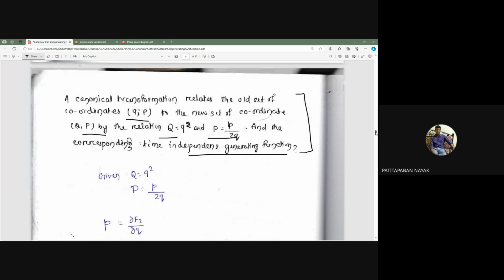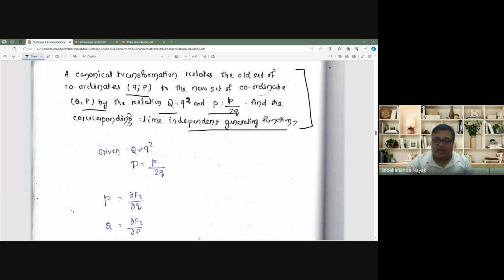So we solve it. Given capital Q is equal to q square, capital P is equal to small p by 2q.